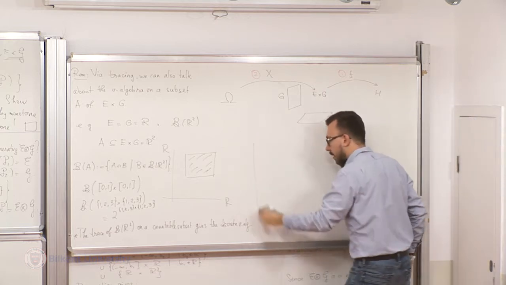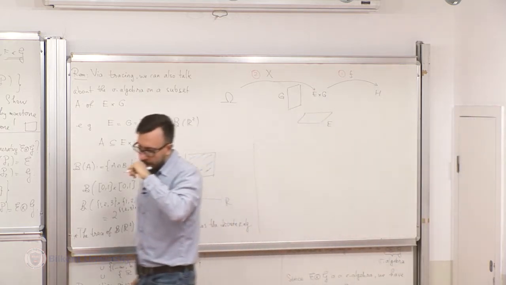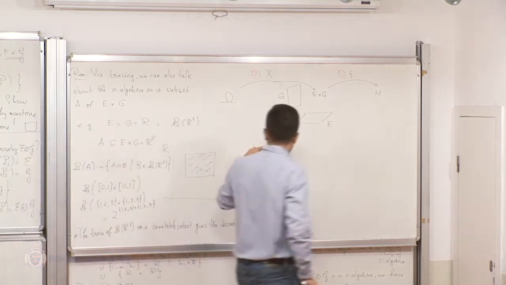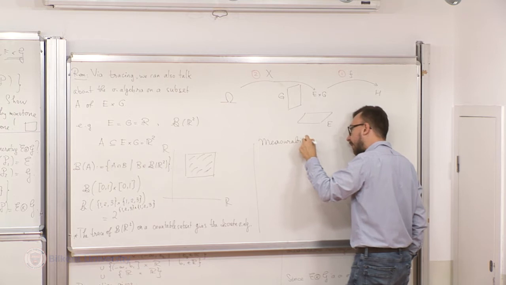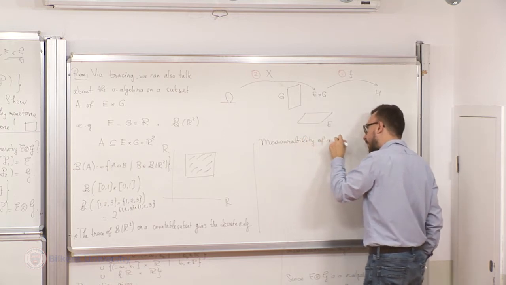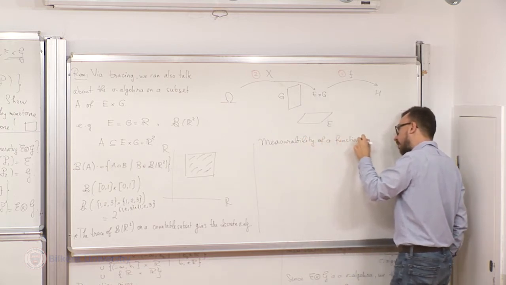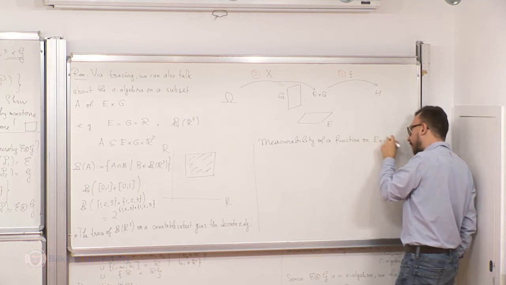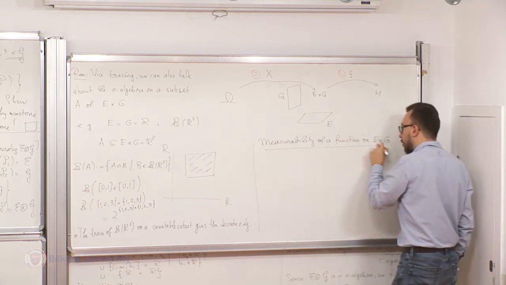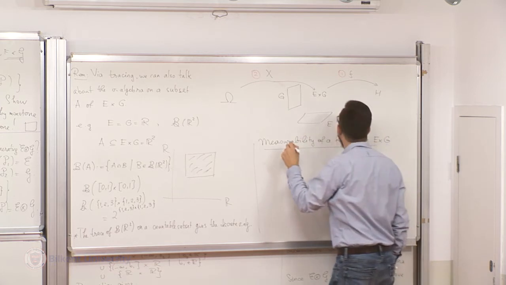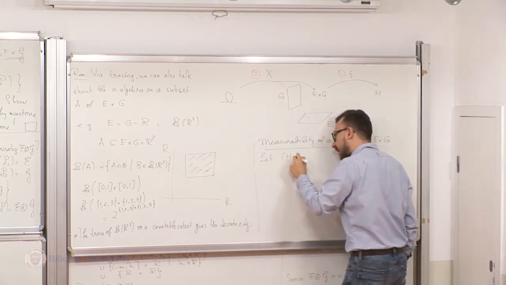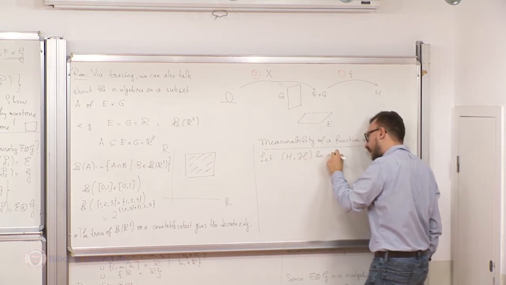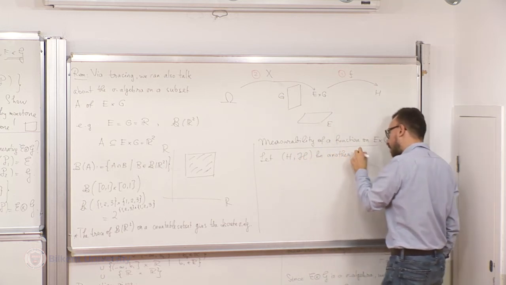So measurability of a function on E cross G. Okay, so for this, let's fix another measurable space as the image space. Let H, script H, be another measurable space.